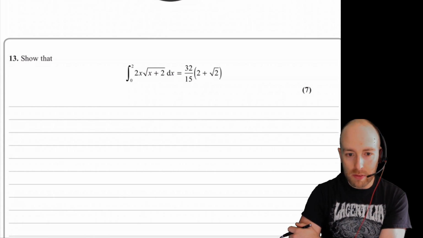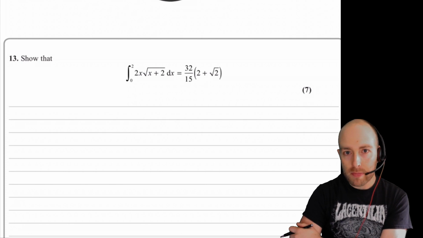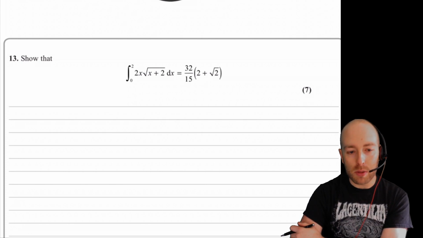Or anyone want to guess what method we ought to be using? There is a clear method that we should use for this one.